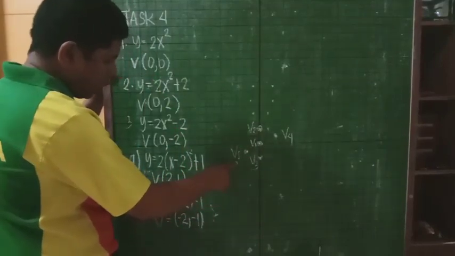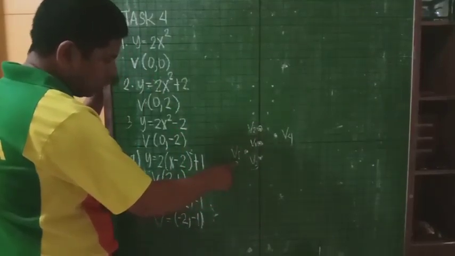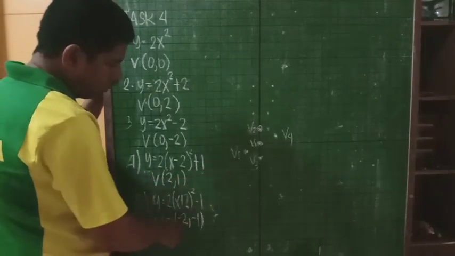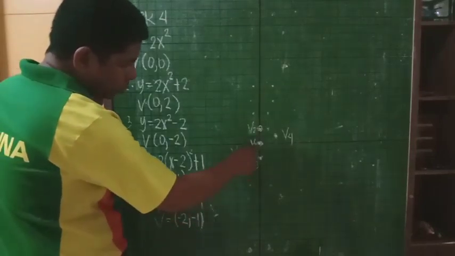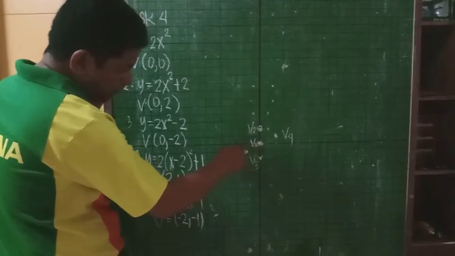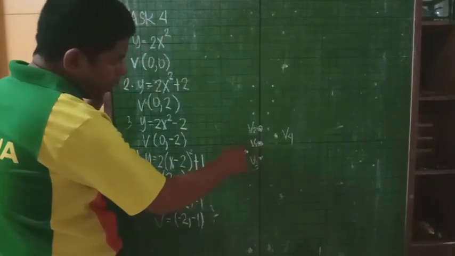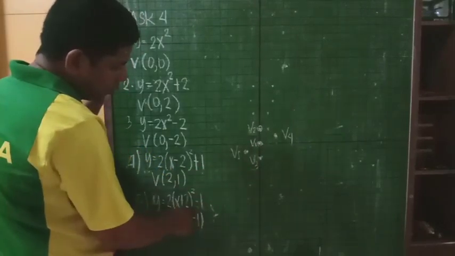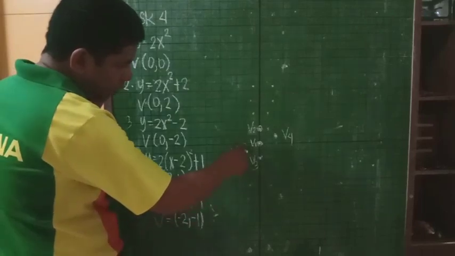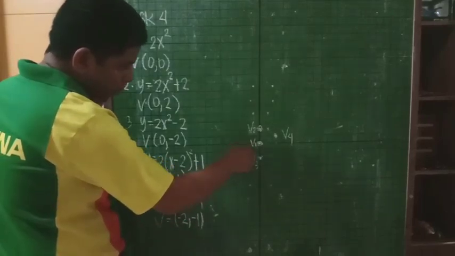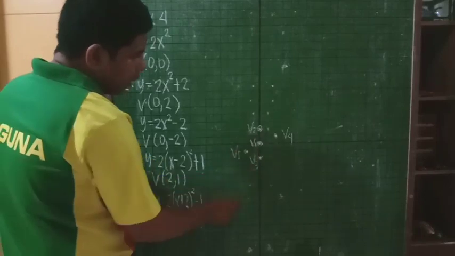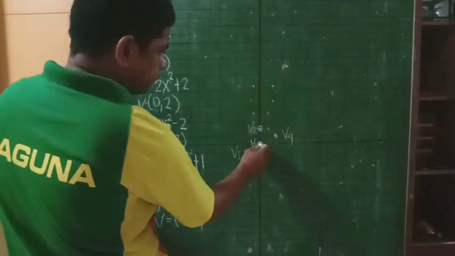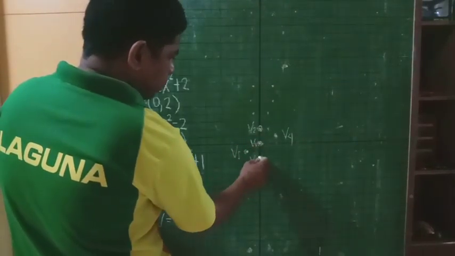Now, yung number 5. Okay? So, our h is negative 2. So, that is to the left. Shift to the left. And k is negative 1. It means 1 downward. So, kung i-graph natin yan, so, pag ganito po yan.